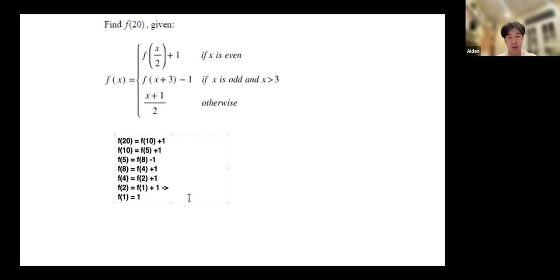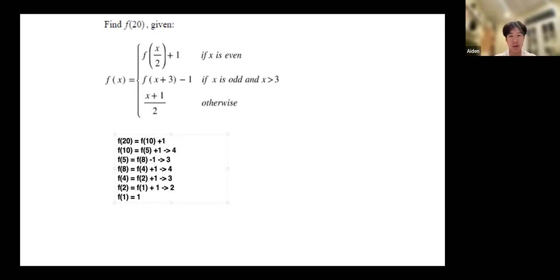So 1 plus 1 is 2. 2 plus 1 is 3. 3 plus 1 is 4. 4 minus 1 is 3. 3 plus 1 is 4.